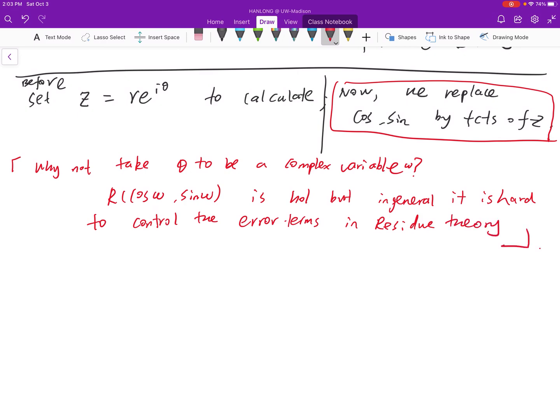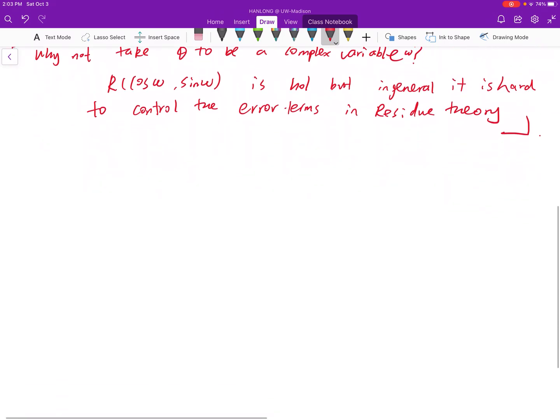That's a drawback. I'm not saying you cannot do it, but in a lot of cases this is not ideal.